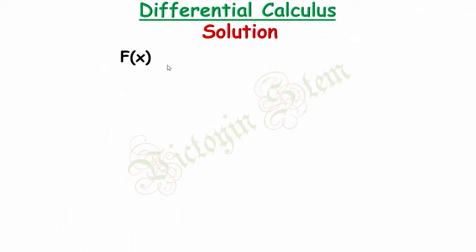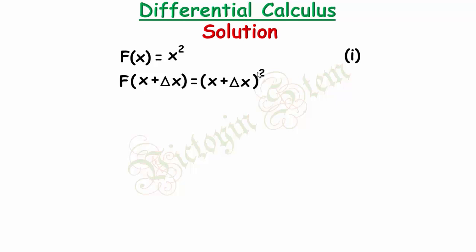So I'll write out my question. F of x equals x to the power of 2. I'll christen this equation 1, and then I have f of x plus delta x, where delta x signifies a small increment in x, equals, we open a bracket, x plus delta x all to the power of 2. So I need to expand the right hand side of this equation.